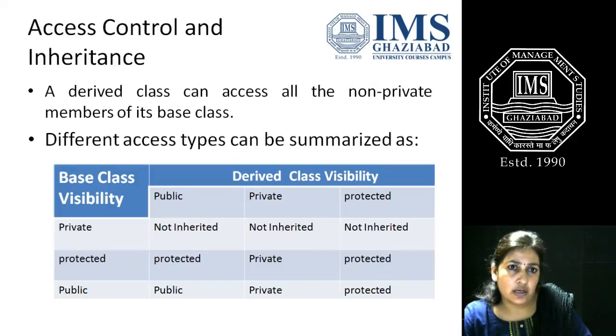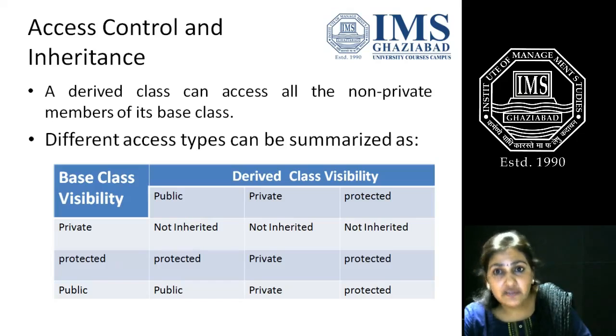Access control: a derived class cannot access the private members of its base class. That means private members of the base class can't be inherited. So, base class members that shouldn't be accessible to the member functions of the derived classes should be declared private in the base class.